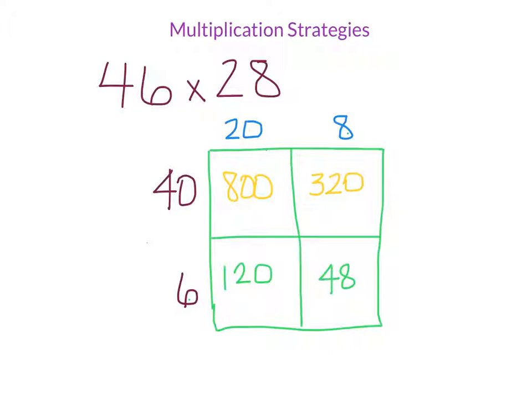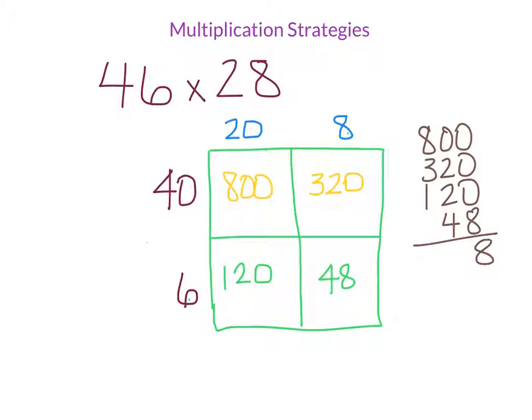And then, as you might have guessed, now we're just going to add everything up. So 800 plus 320 plus 120 plus 48. So we have 8, 2, 4, 8, 11, 12. So this equals 1,288.